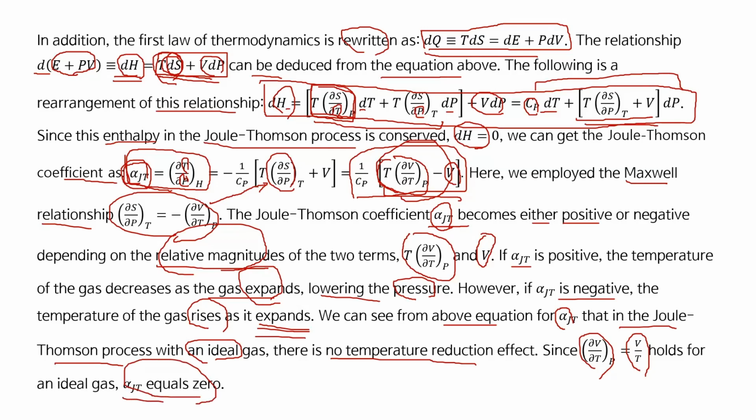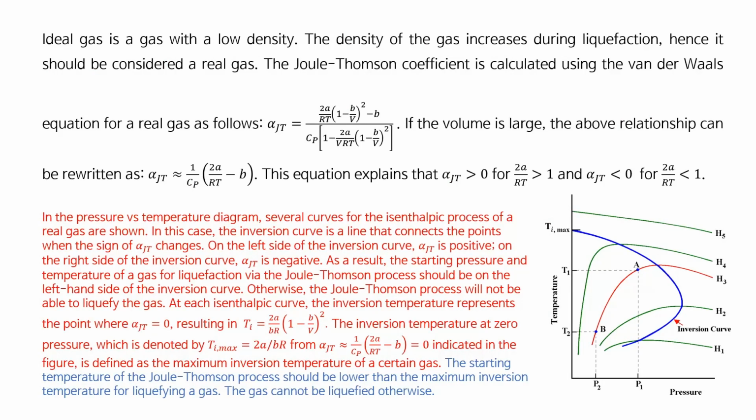So we cannot have any temperature reduction effect for ideal gas in the Joule-Thomson process. Ideal gas is a gas with low density. The density of the gas increases during liquefaction, hence it should be considered a real gas.